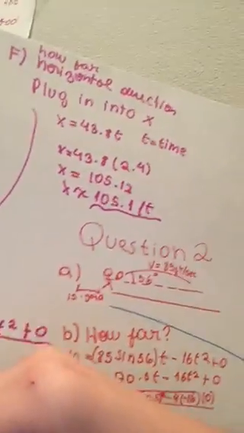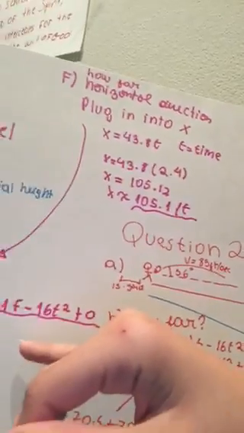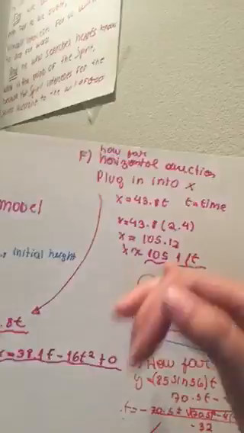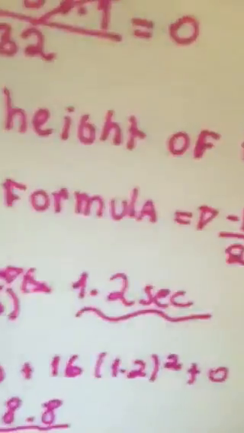So let's go back to y. We're going to have 38.1 times 1.2, and then minus 16 times 1.2 squared, and you don't need the plus 0. So when we do that, we get 68.8.